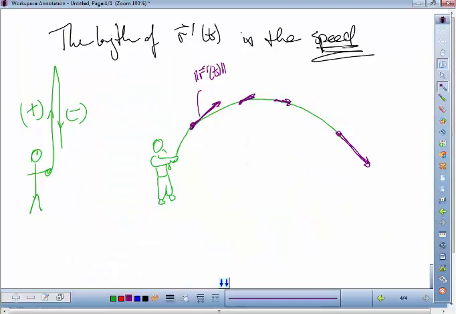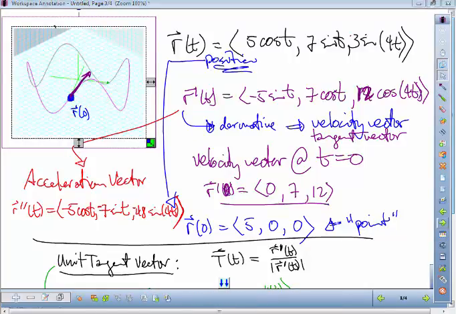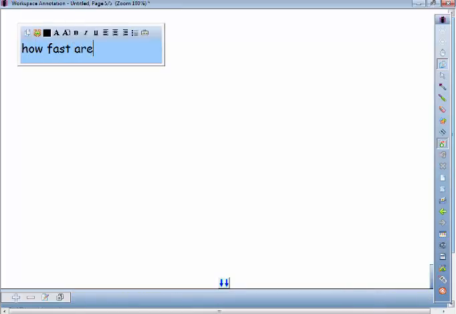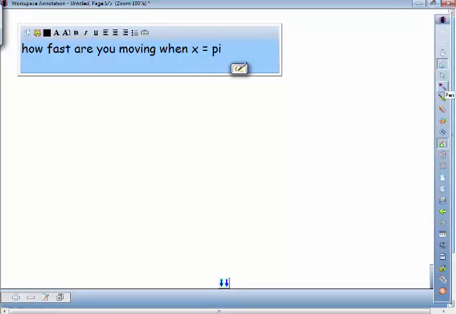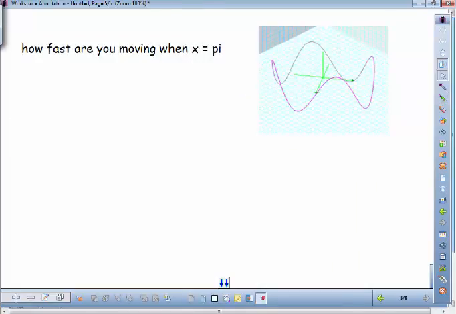No. So we can ask ourselves something like, how fast are you going when x is equal to pi?